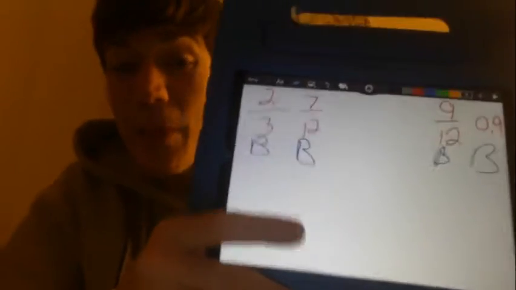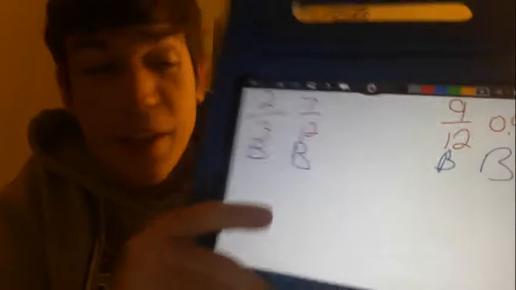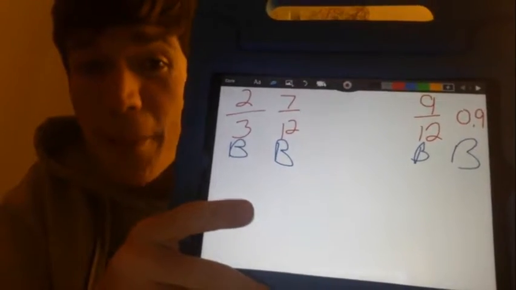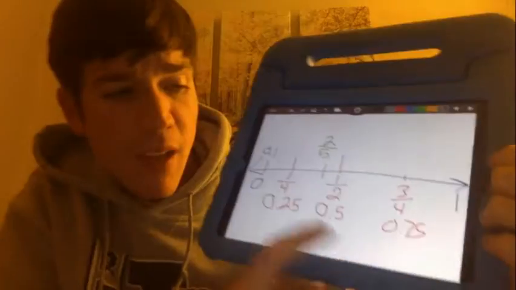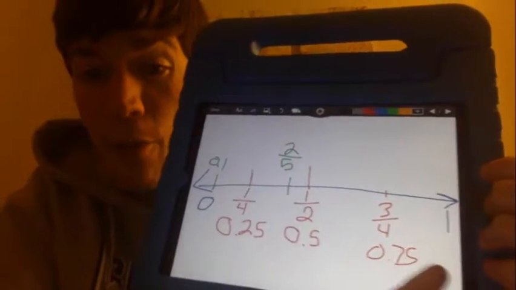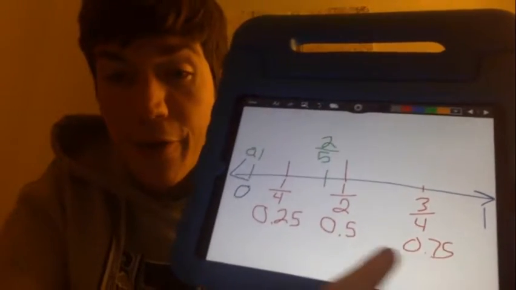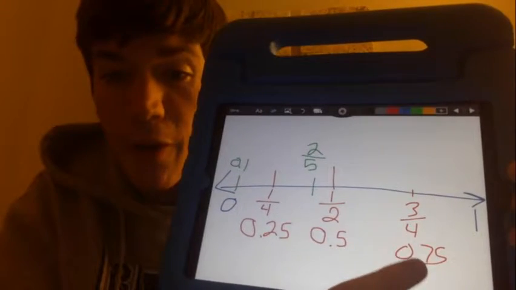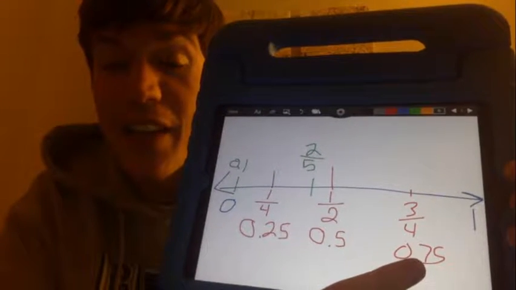So next thing, I'm going to get one of these out of the way just because this decimal at the end seems easier to order. I'm going to take 9/10, and I'm going to go to my number line. I know that 5/10 was in the middle, so we said 9/10 is bigger than half. Remember, all these numbers bigger than half are going to go on this side of half. If I look at 3/4 over here, I see a 7 in the tenths place.